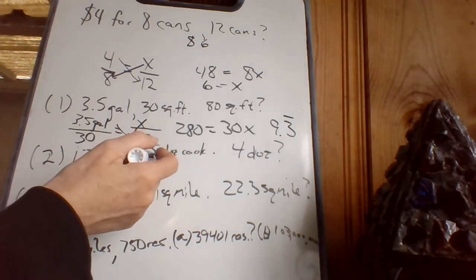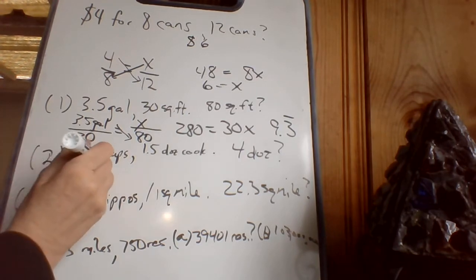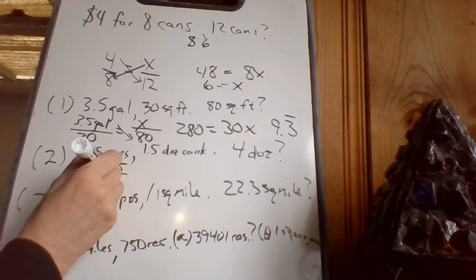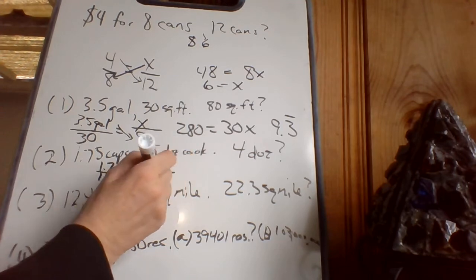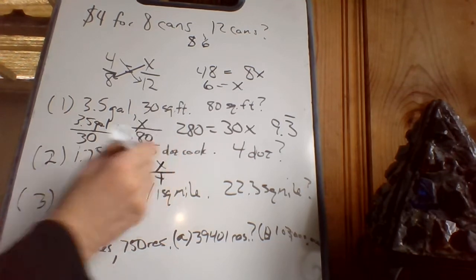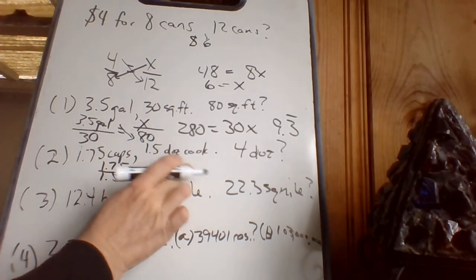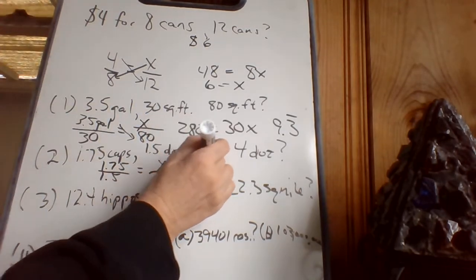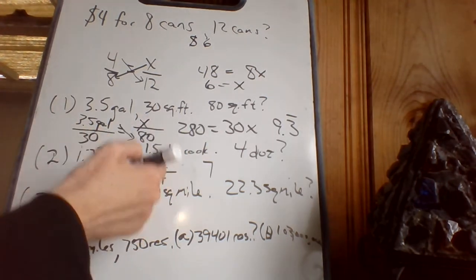Same thing here. I got the 1.5 dozen and the 4 dozen. Those are both my denominators. My numerator is the one that's different, is the cups. 1.75 goes with 1.5. And dozens got to go down here with dozens, so it's going to have to go there. And x goes there. So 4 times 1.75 is 7.